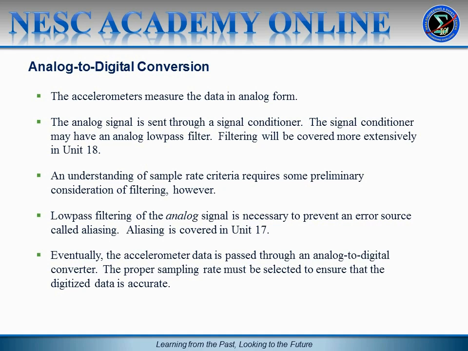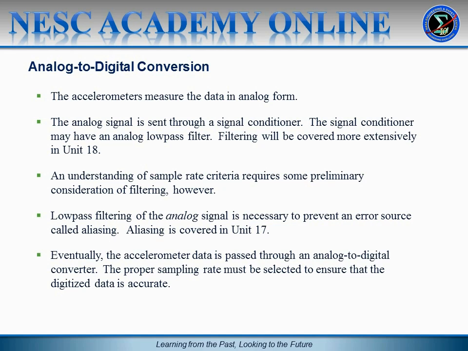But one example of aliasing that you may be familiar with is, for example, if you've ever seen an old Western movie on TV, and if you've ever watched the stagecoach going quickly down a road, you may see that the wheels appear to spin backwards, and that's an example of optical aliasing. And the same type of problems can come up in our vibration and shock data as well.